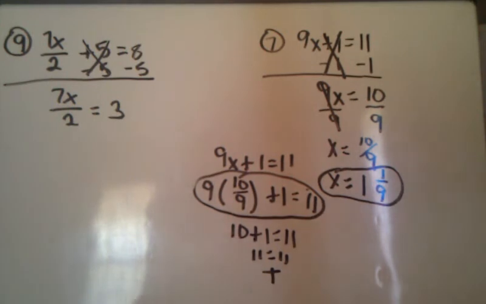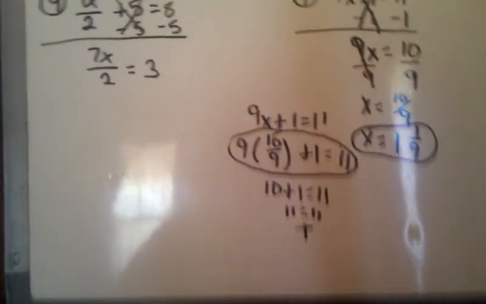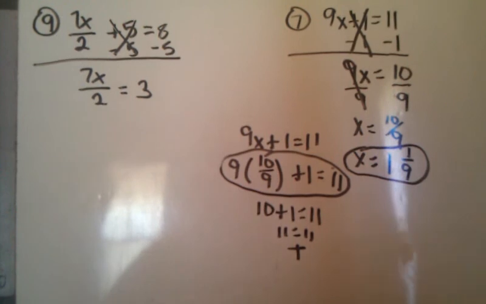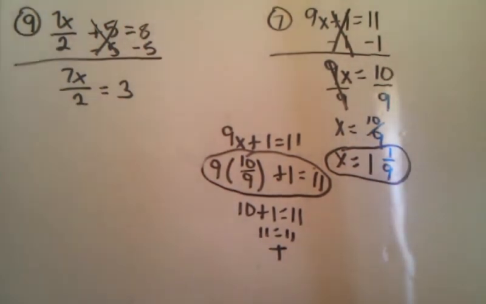Alright, now let's check it. Sorry about that. Let's check it. I have 7 over 2. It's a fraction.